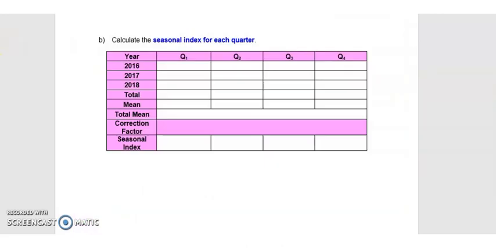So again, for the first column here, you put the years 2016 until 2018, and then columns to represent each quarter, until quarter 4. Then as usual, you put a row for total, row for mean, row for total mean, row for correction factor, and the last one, row for seasonal index.